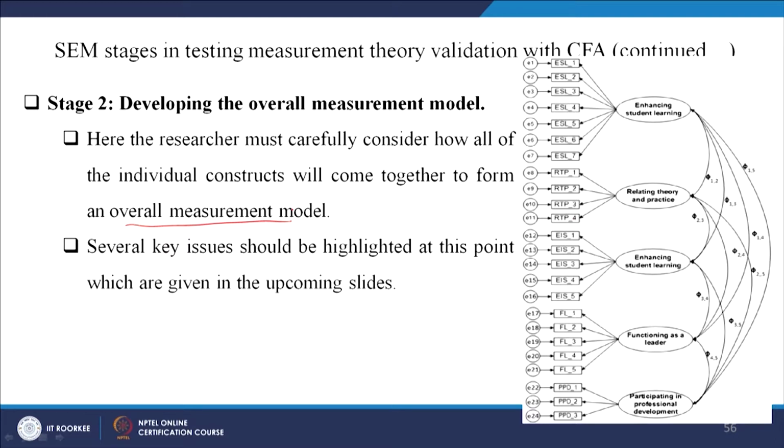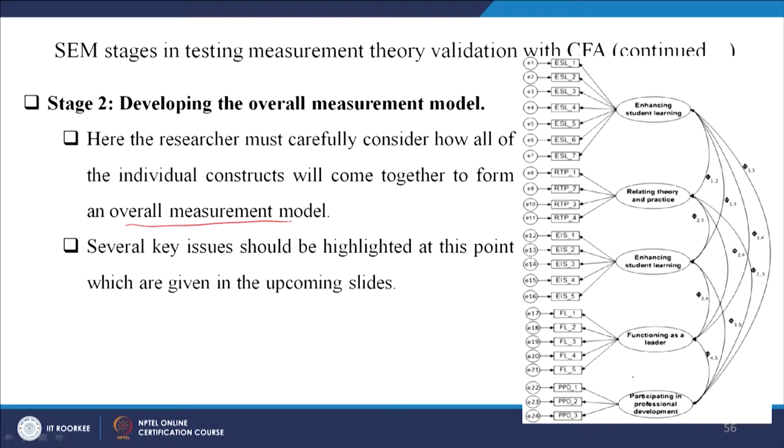So here we are not establishing any relationship as such, we are trying to bring everything into one and see whether the entire model is a good model or not. To do that, we are connecting all the constructs with each other and studying it overall. Several key issues should be highlighted at this point, which will be in the next slide.